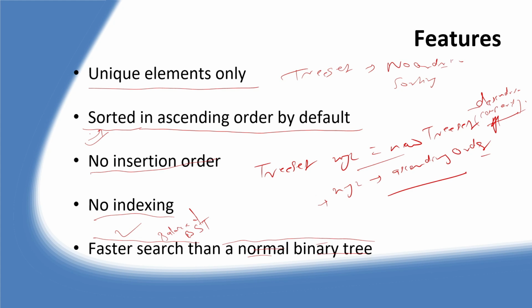The default constructor, which I was telling you about, will call the constructor. If we are not providing anything, the default constructor will order in ascending order. And if you pass another constructor that accepts a comparator, that is for custom sorting. So these are the features of TreeSet.